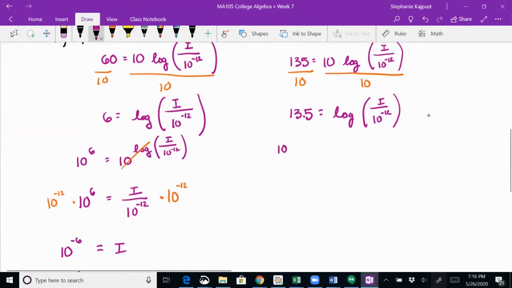I'm going to write 10 to 13.5 and then 10 to the log of I over 10 to the negative 12. So the 10 is the base, and now my equation is the exponent. So I'm exponentiating, basically. And 10 to a log, base 10, those cancel.